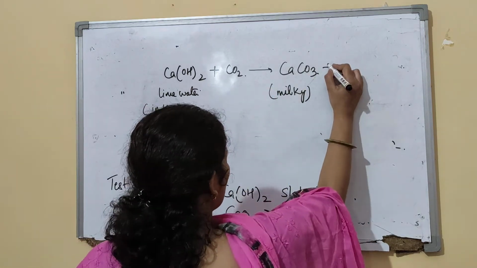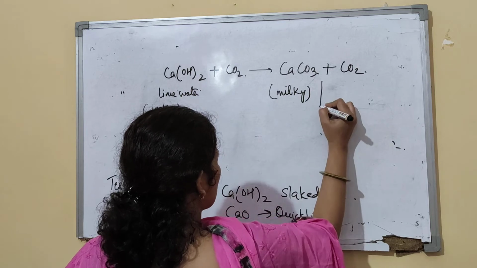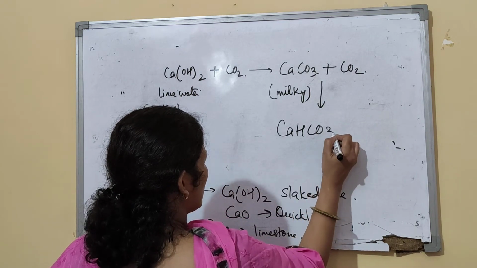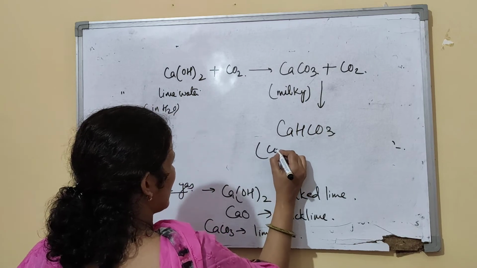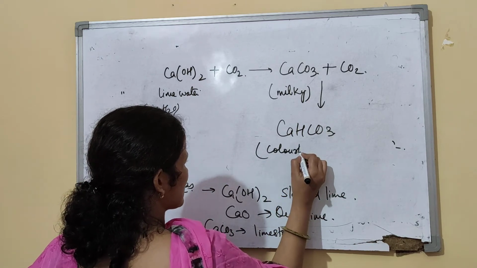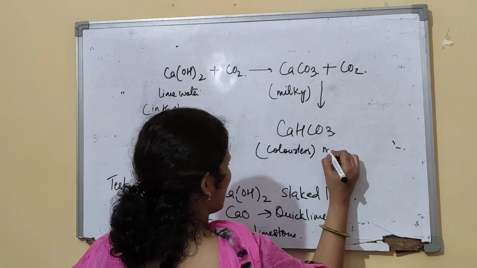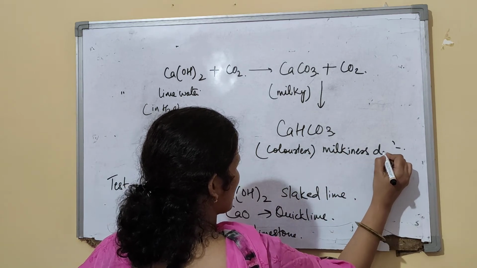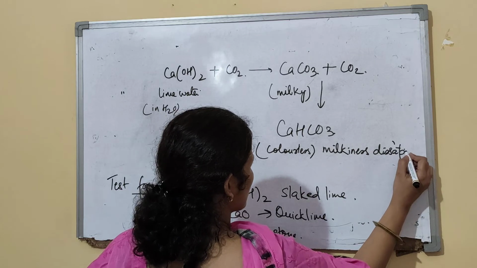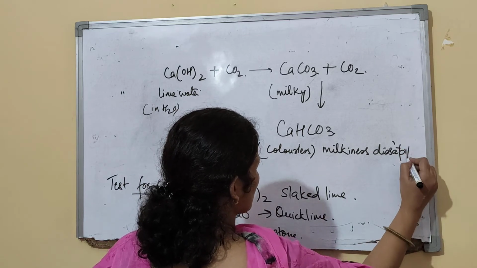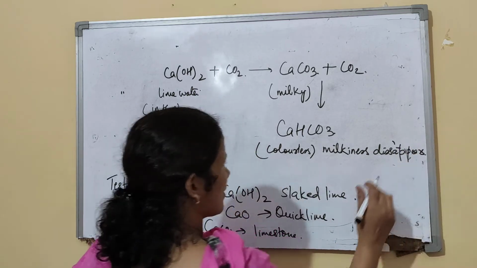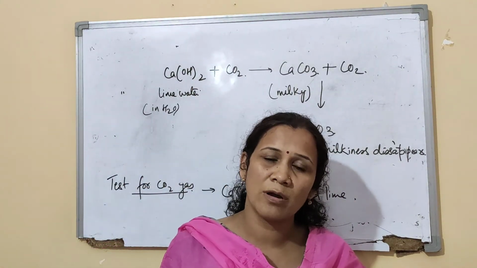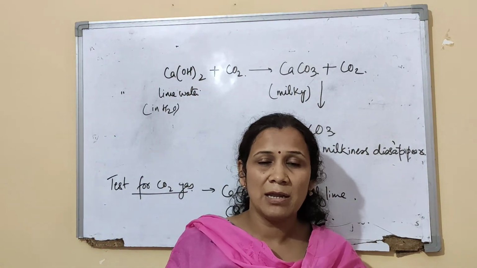But if you continue passing carbon dioxide, this is going to make calcium hydrogen carbonate, and this is again colorless. So we say the milkiness disappears. That means this is a very good test for carbon dioxide.